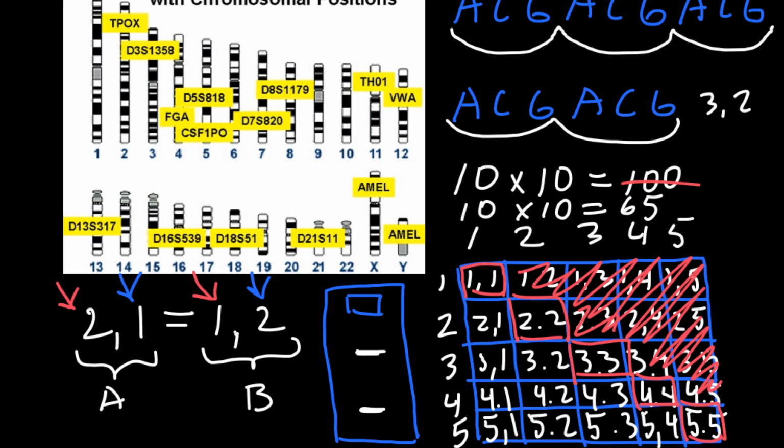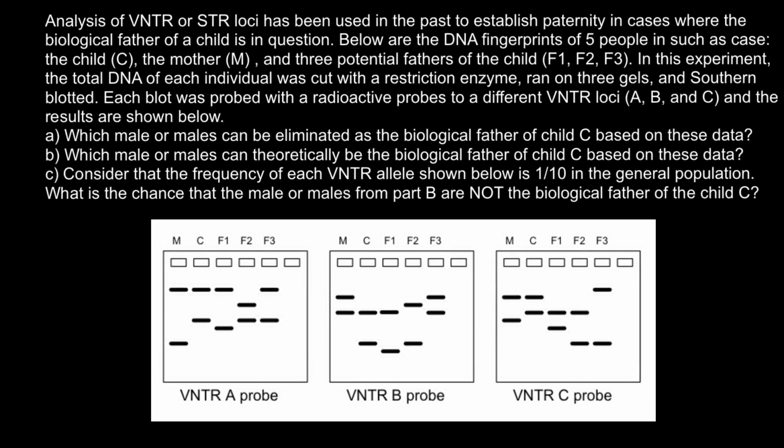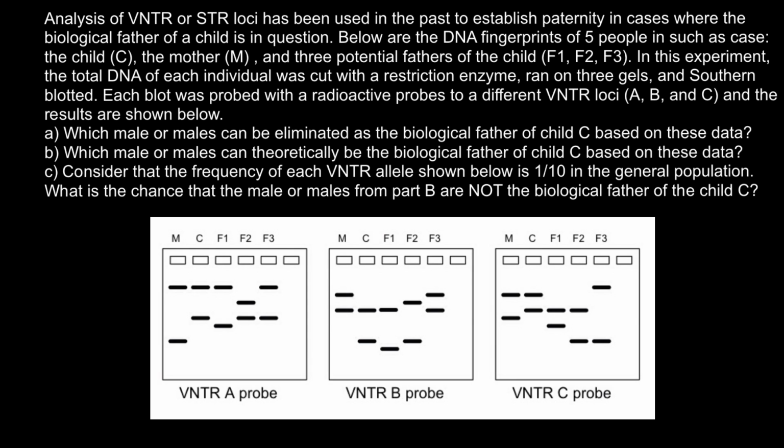Allele 1 and 2 would separate, but genotype A and B for us would look the same. Now we can return to our problem. I hope now you understand much better what we will see on these gels now.